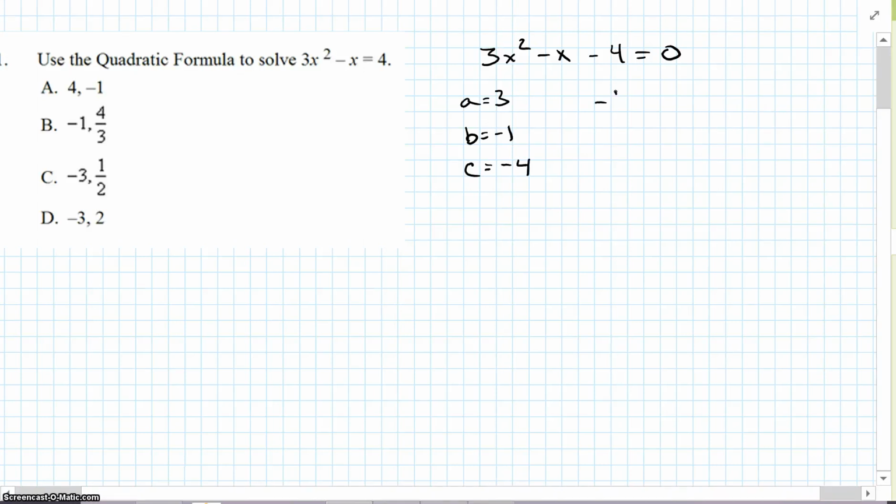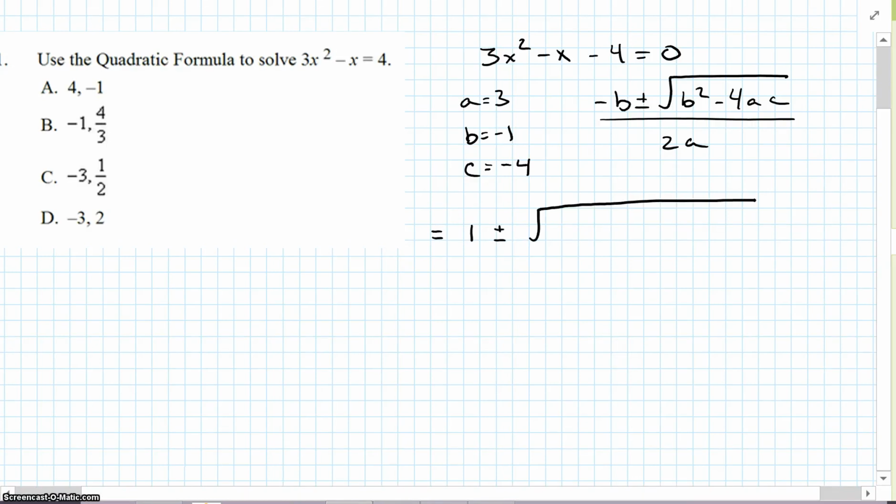So it's going to be negative b plus or minus the square root of b squared minus 4ac all over 2a. So here we go. Negative b, so negative 1 is positive 1, plus or minus the square root, negative 1 squared is 1, minus 4 times our a value times our c value, all over 2 times our a value.